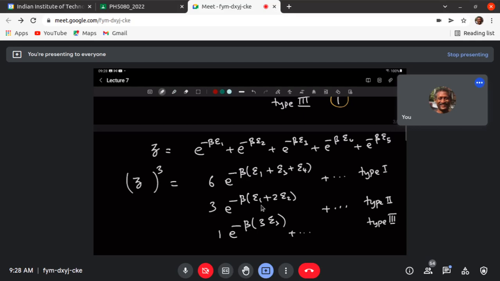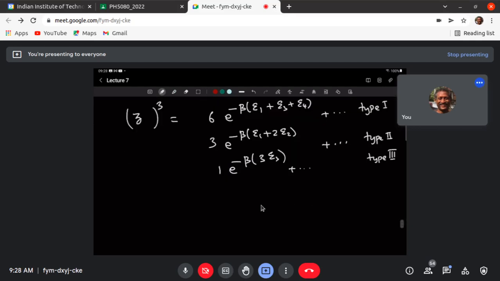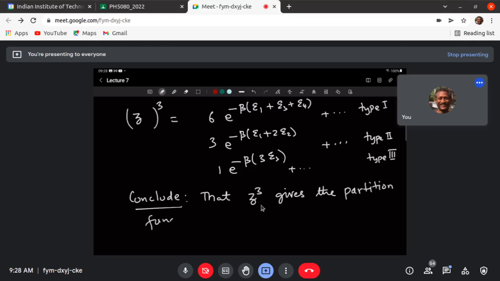Now we can conclude that z cubed gives the partition function for 3 distinguishable particles.